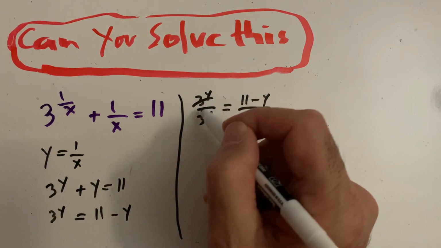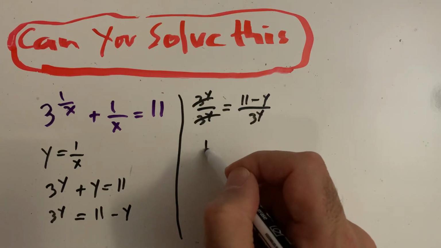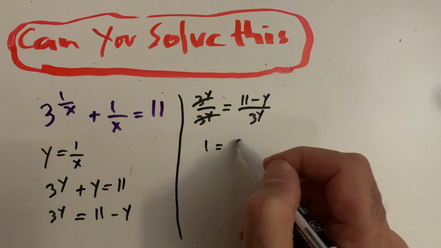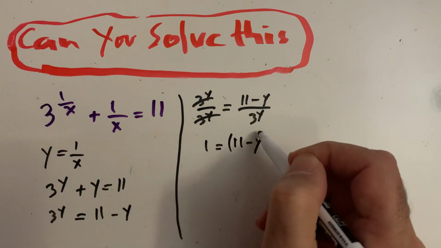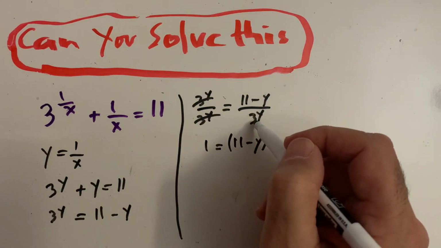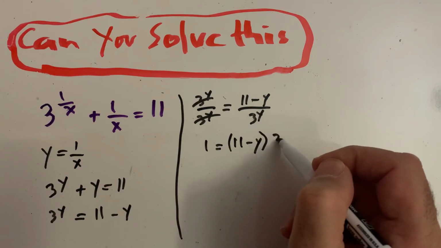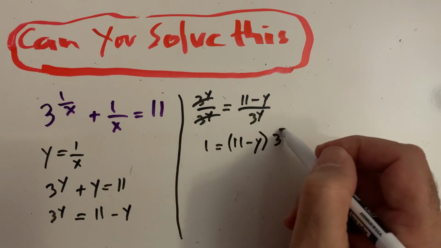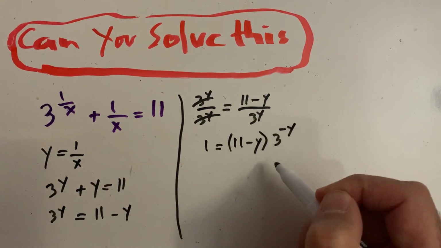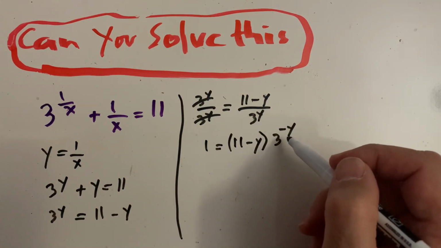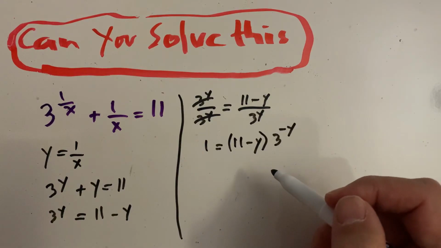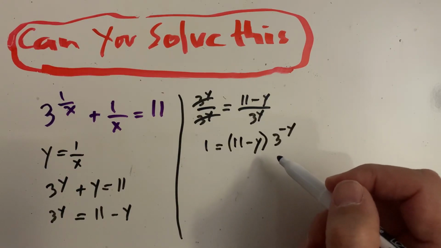So this will simplify: on the left we get 1, and on the right we get 11 minus y over 3 to the y, but we can also write it as times 3 to the minus y. It's just like 1 over x is equal to x to the minus 1.